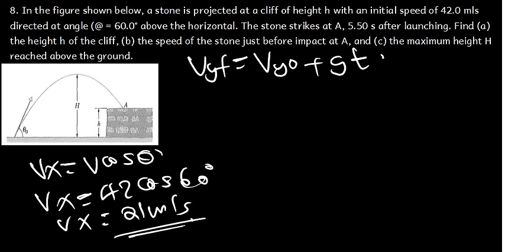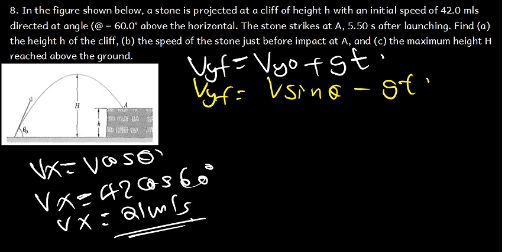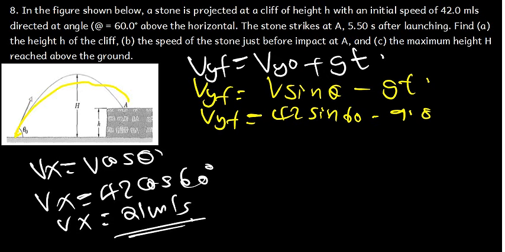So V final y is going to be, V is what? 42 sine 60 minus g, which is 9.8, times the time it took from this point all the way to point A, which we have been given, 5.53. Let's see. So our V final is going to be 42 sine 60, I'm getting 36.37, minus 9.8 times 5.53.